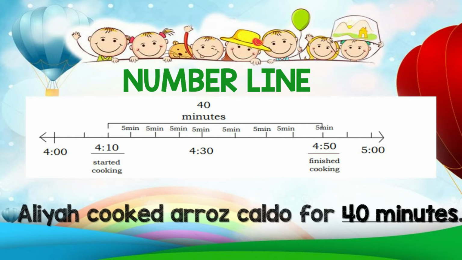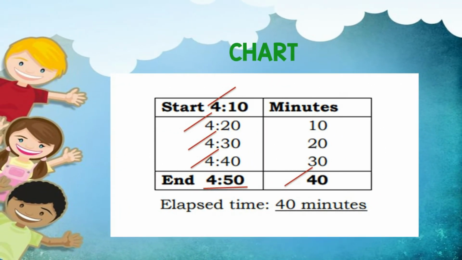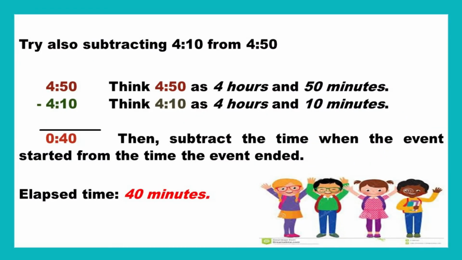But you can also count the number of minutes from the time Aliyah started cooking to the time she finished cooking by using a chart. Okay? You can try also subtracting 4:10 from 4:50. Alright. Let's start with 4:50.